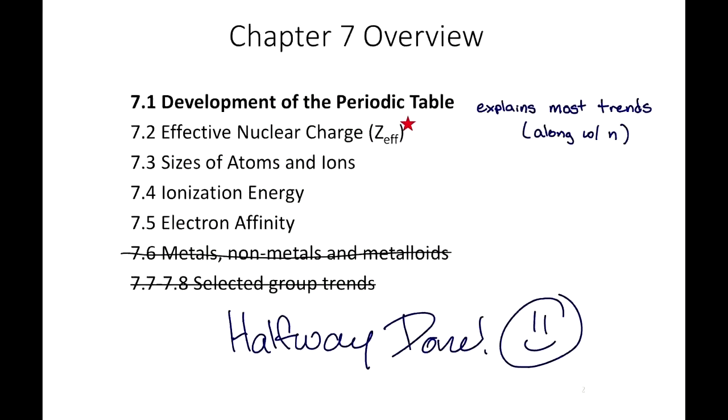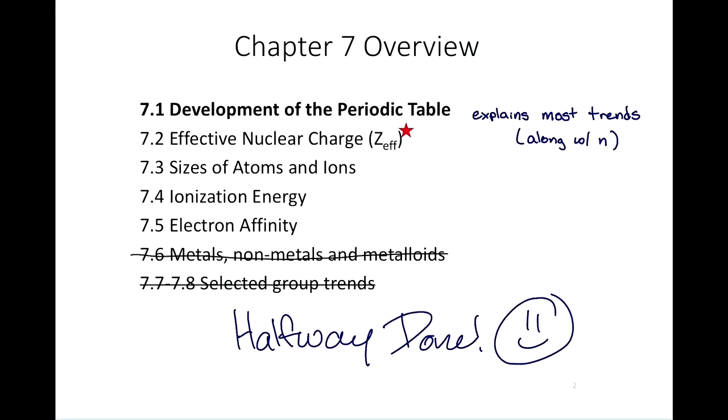So we're in chapter 7, so that means we're halfway done with Chem 1210. Isn't that gross? That's gross. Yes, we're halfway done through the semester. We'll talk about how the modern day periodic table was developed, and today we'll just talk about effective nuclear charge.